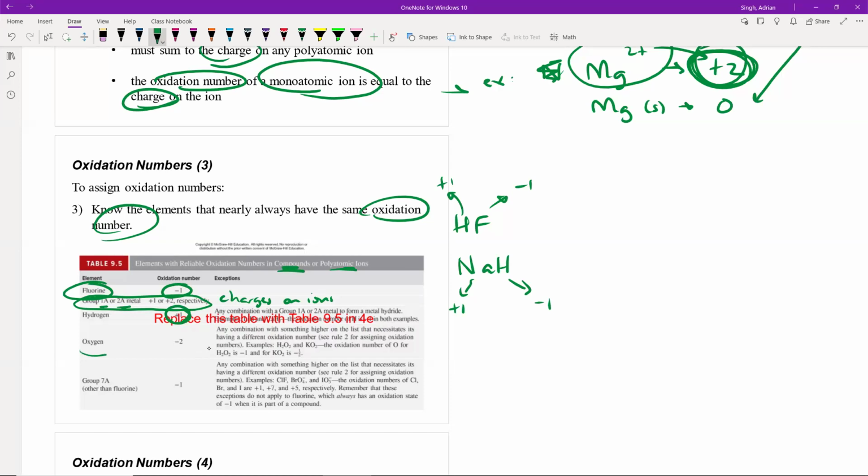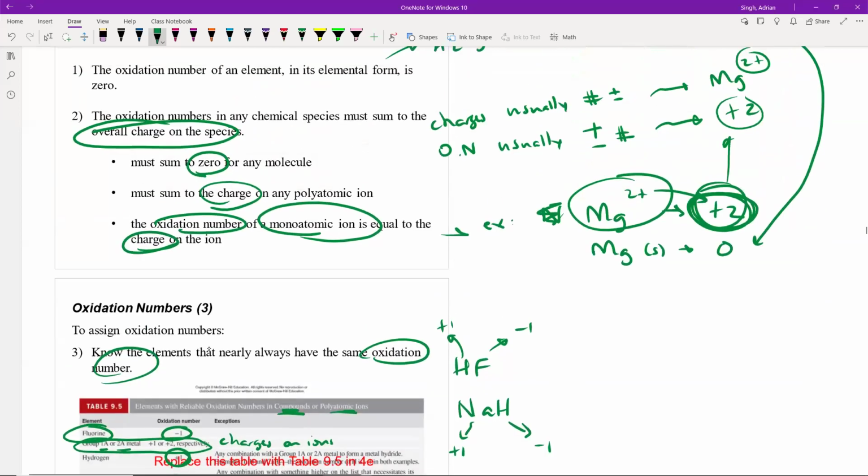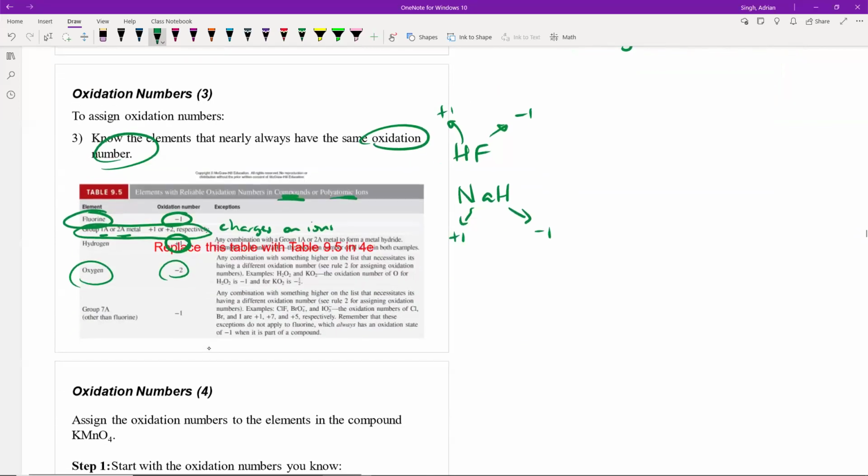Oxygen is always going to be -2, except when it is combined with something higher on the list that causes it to have a different oxidation number. So if we take a look here at H2O2, we know the H here is going to be +1, and we have two of them.